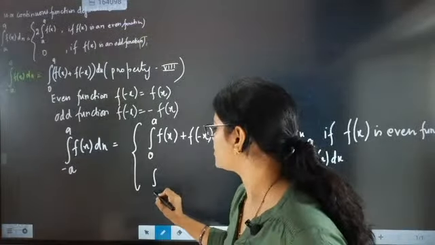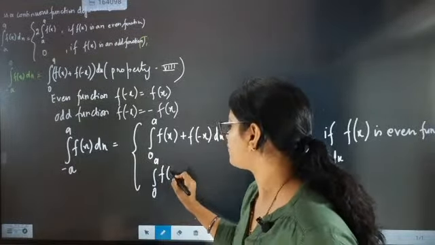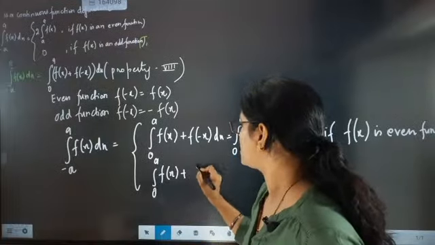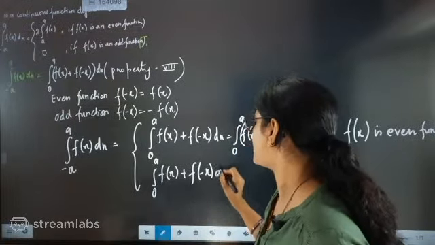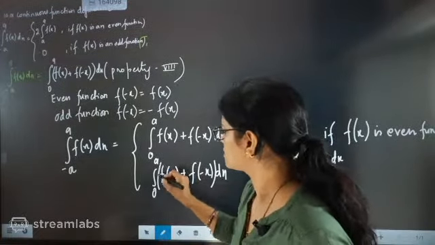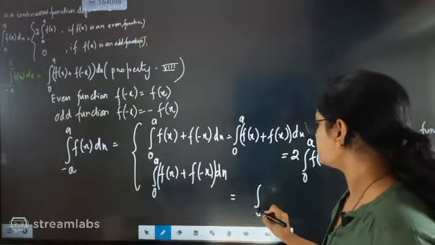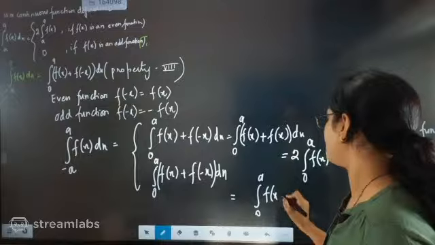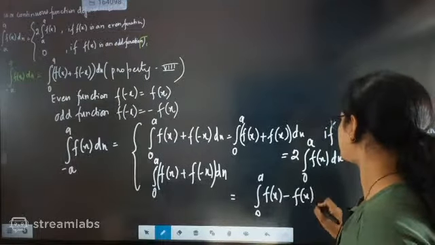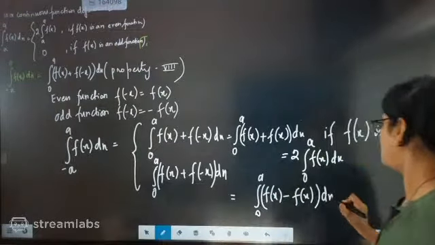If it is an odd function, then this part, f of x plus f of minus x, dx, will become 0 to a, f of x minus f of x, dx.